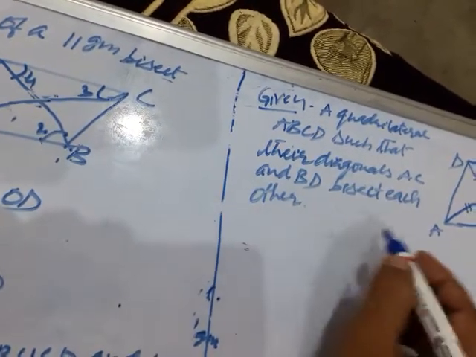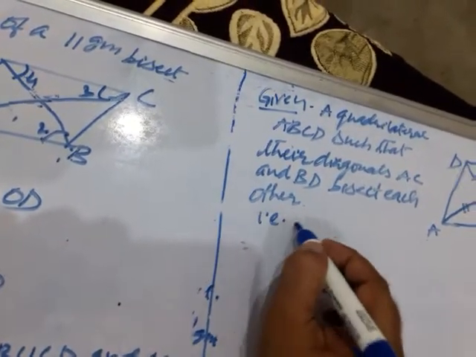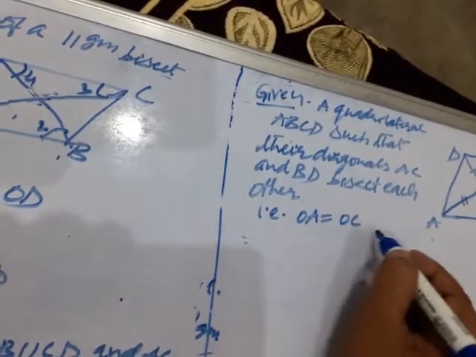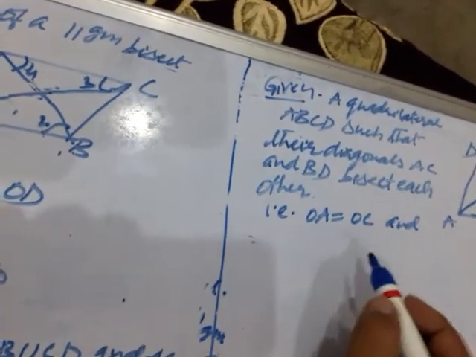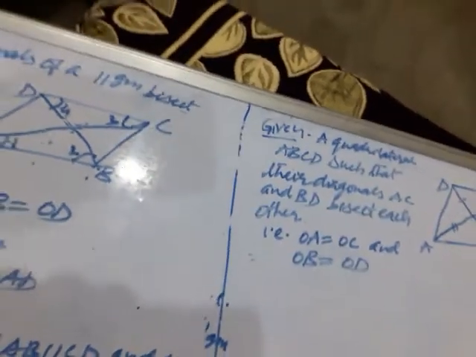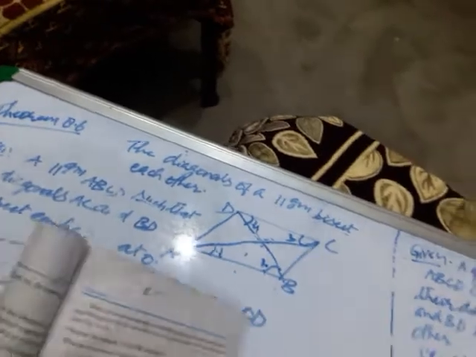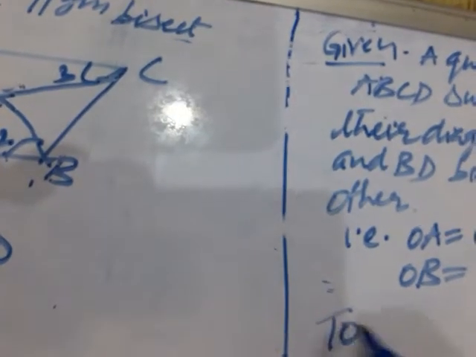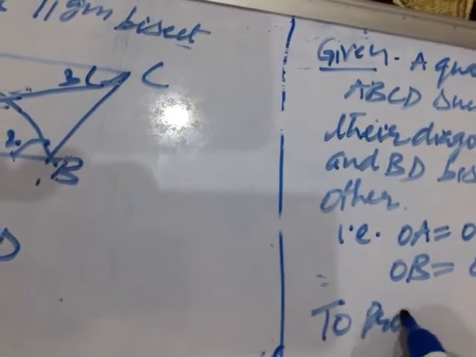What is the meaning of bisecting each other? That is OA equal to OC and OB equal to OD, children. What do we have to prove? We have to prove that ABCD is a parallelogram. Okay, children? Then we have to prove that ABCD is a parallelogram.